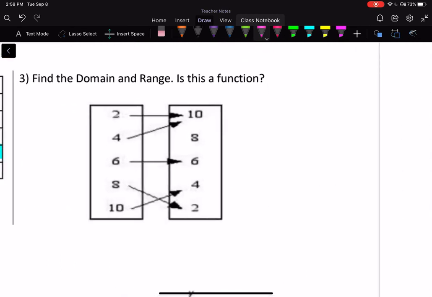Find the domain and range. My domain here is the set of all my x values, or my input values, which is going to be 2, 4, 6, 8, and 10.